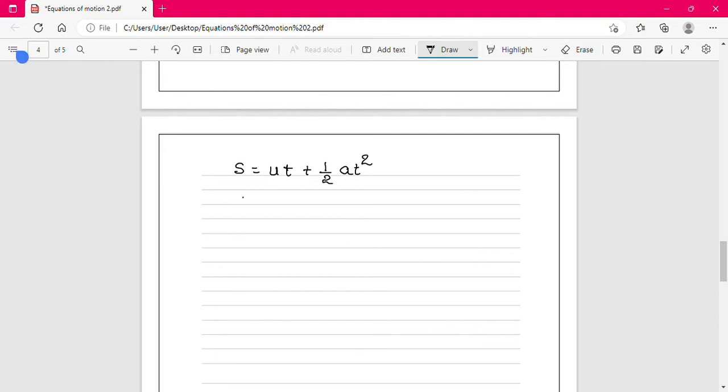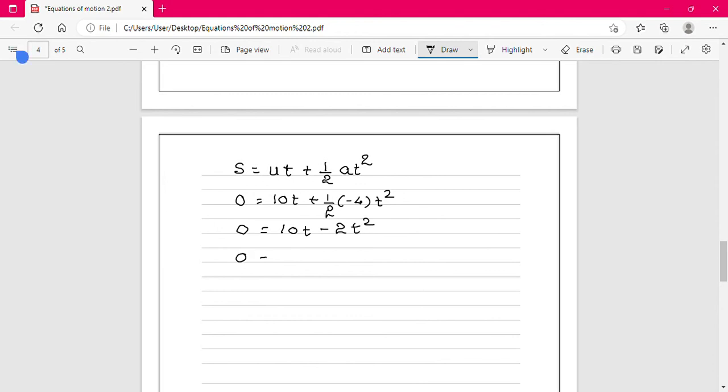Now here S is 0 because the particle is returning back to the same point. U is 10, half into A is -4 into t square. So 0 is equal to 10t minus 2t square.